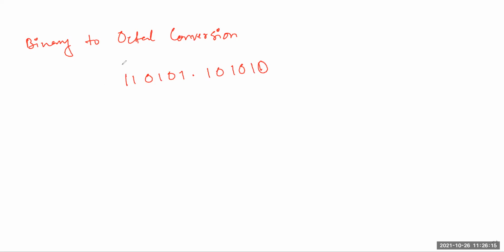This is a binary number. Now our aim is to convert it to an octal number. The base is 8. For this, you just consider 3 bits for each group. So this is the 3 bits, this is the 3 bits, and this is the 3 bits and this is the 3 bits. Is it clear?